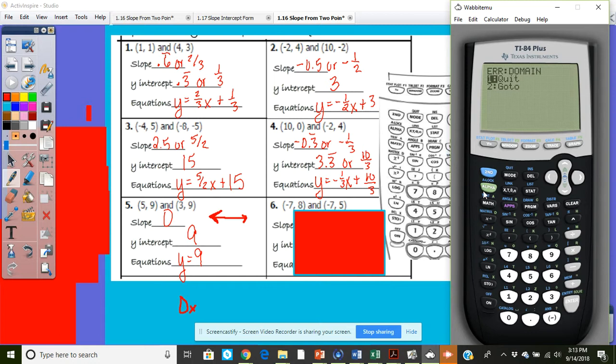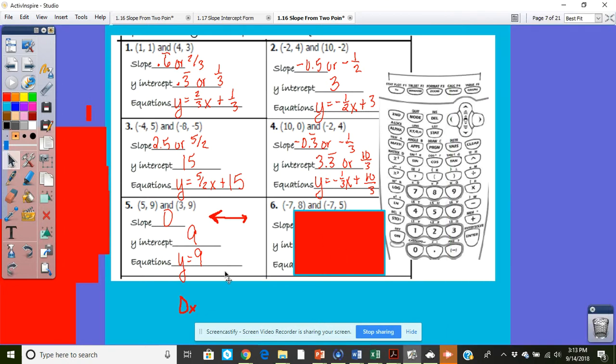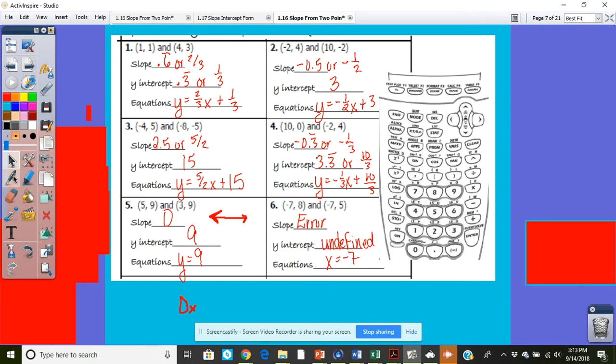When you get an error, what that means is you're dealing with a vertical line. We know that vertical lines are the nice, pretty lines that are straight up and down. So this line is going to be a vertical line. One way that I can tell is that both x's are the same. Vertical lines, we write x equals, and then the x value. So x equals -7. That's it for this video.